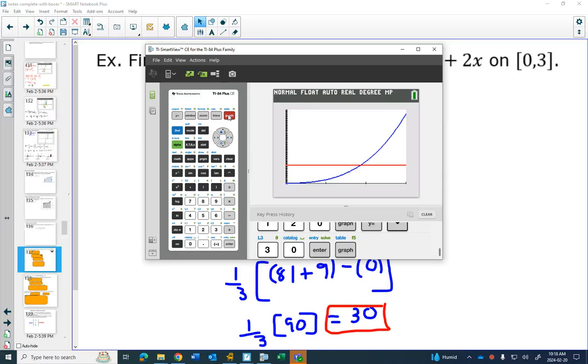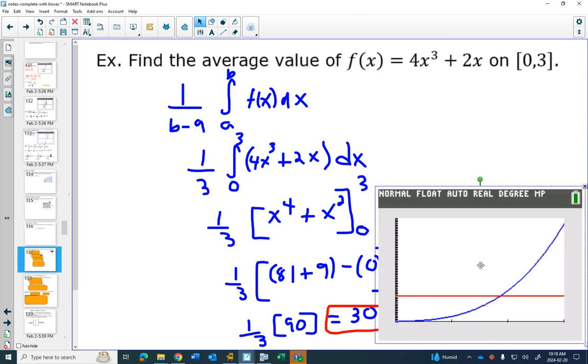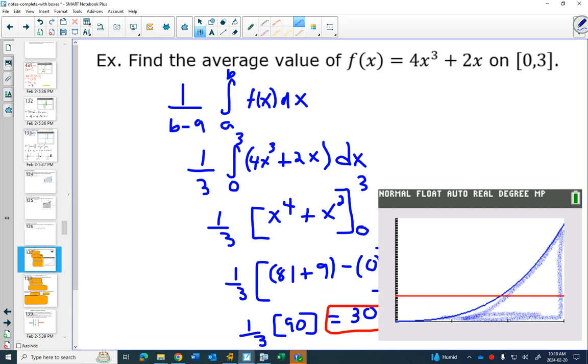Normally I would say, hey, maybe you could just eyeball this. But that would be hard on a function to figure out where that is. And what we're saying here is the area under the blue, which is colored in the blue crayon, should be the same as the area here under the red.